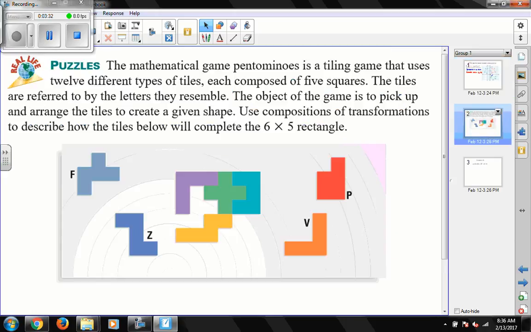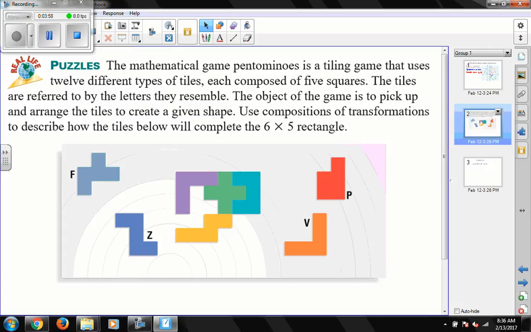If we want to use somewhat of a real-life example, there is a mathematical puzzle game called Pentominoes. Really what you're trying to do is take all these different squares and tiles that they give you and make some sort of shape.